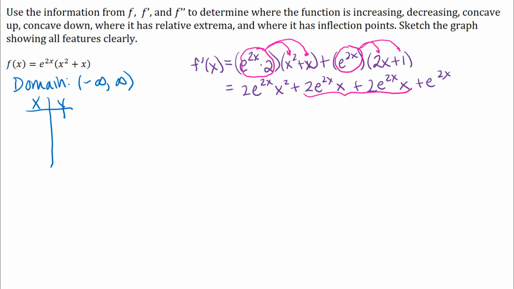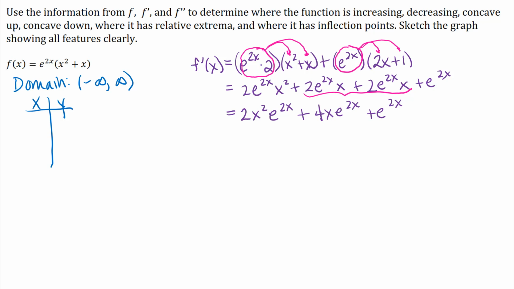And actually, as I rewrite this, I'm going to put the x squared and x in front of the e to the 2x. It doesn't really matter what order I write it in, but I just think it looks a little nicer to put the x squared in front of the exponential function. All right, so I have the 2x squared e to the 2x term. That's the first term. And then when I add these two middle terms together, I have 2 plus 2 is 4, x e to the 2x. And then my e to the 2x term at the end.